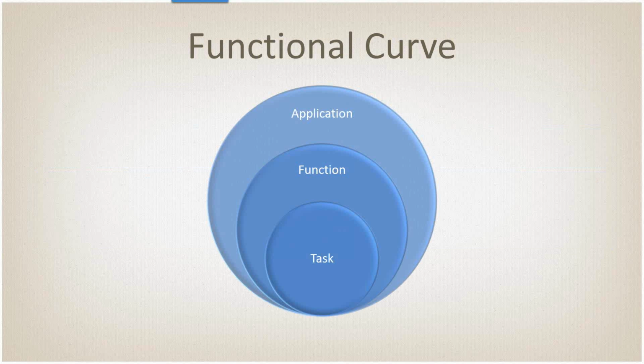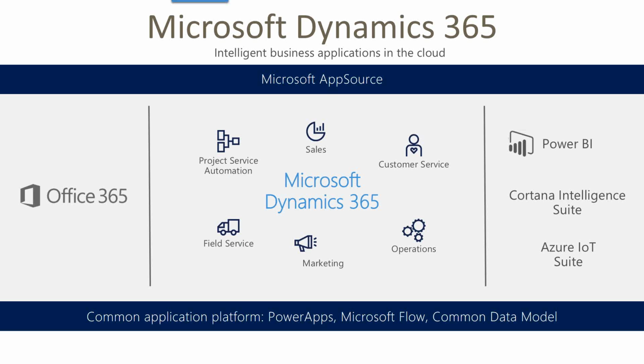So here's the kind of functional curve. You have the application. Remember, with Dynamics 365, they broke the product up into pieces: sales, marketing, customer service, project service automation, field service, things like that. Then you have functionality, and finally within the functionality you have tasks. You've probably seen this slide, out of the Microsoft propaganda machine.